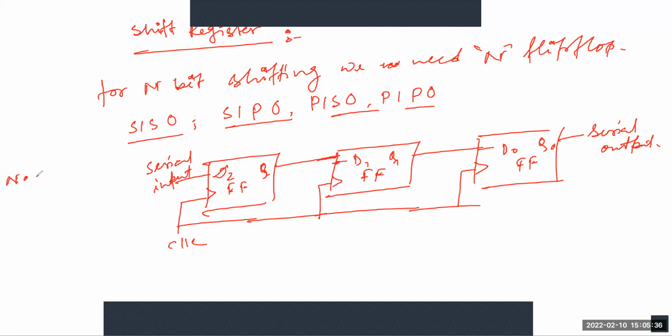this is the number of positive edge pulses, the serial input, and next are Q2, Q1, and Q0.